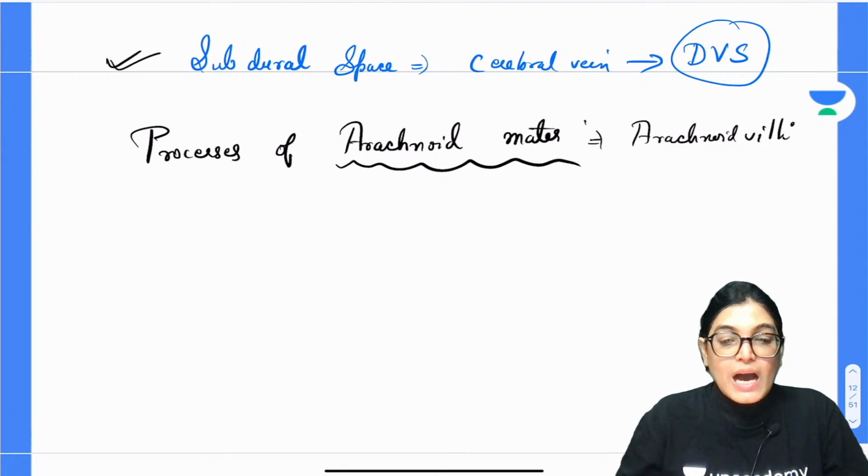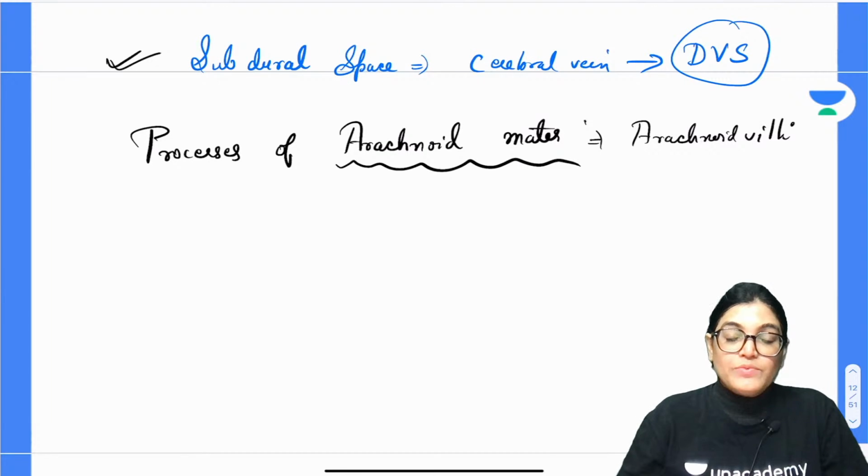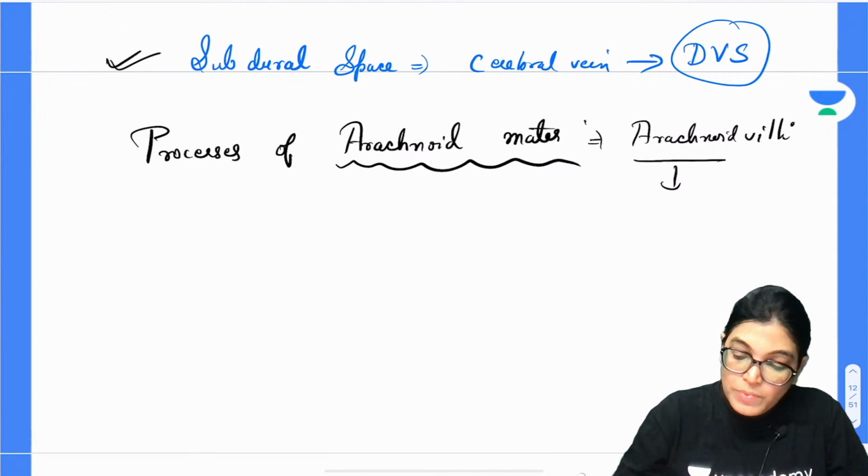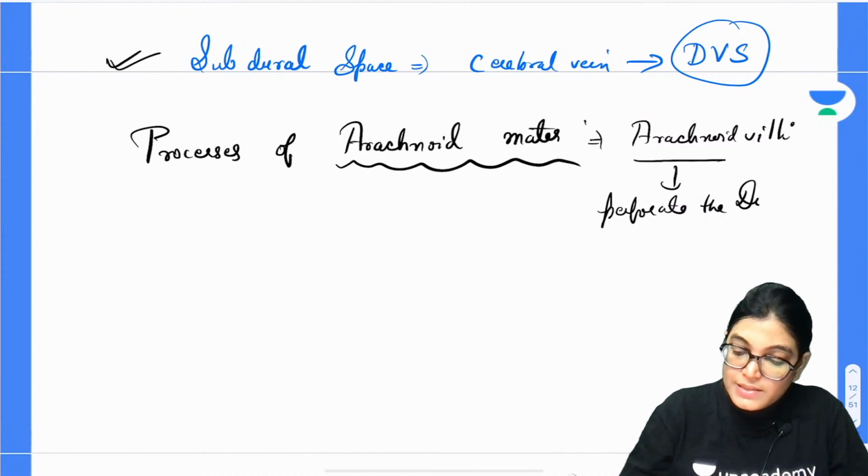Arachnoid villi push the dura and ultimately perforate the dural venous sinuses.